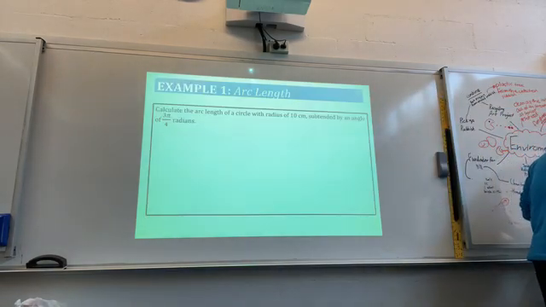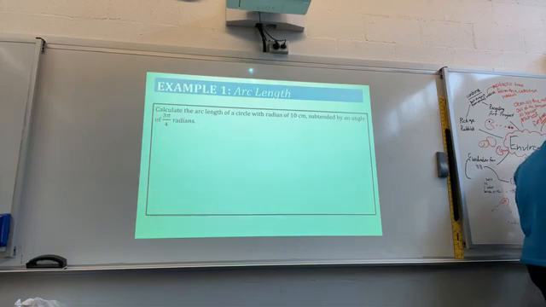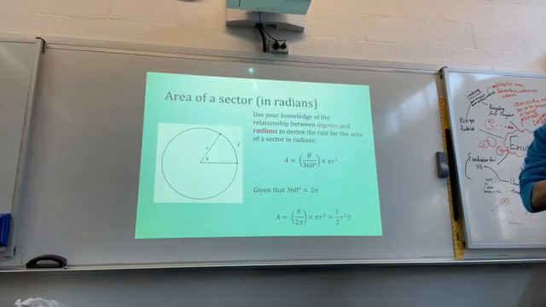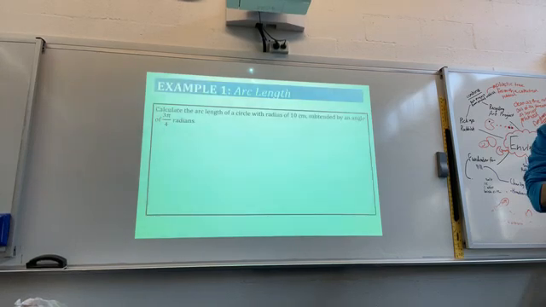Alright, examples. Calculate the arc length of a circle with radius of 10 centimeter subtended by an angle of 3 pi over 4. Now, maybe it's worthwhile sketching a circle. This is 3 pi over 4, and this is 10 centimeter.